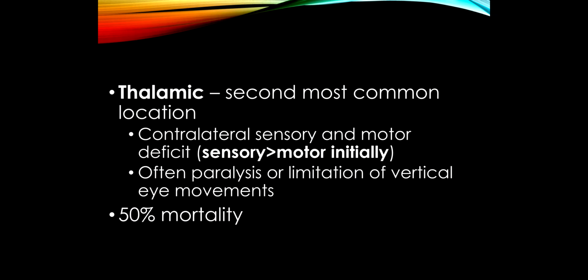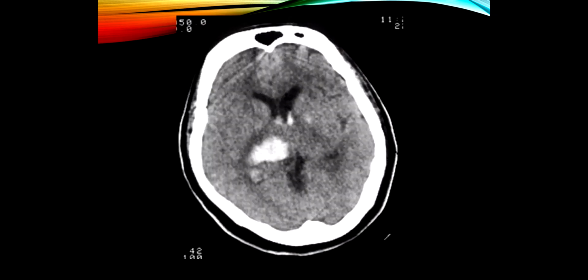And so the thalamus, remember, sits right on top of the midbrain. The midbrain is important for vertical eye movements. And so a thalamic hemorrhage will often result in a limitation of the ability to look up and down. Thalamic hemorrhage has a much higher mortality because now we're exerting pressure directly onto the brainstem.